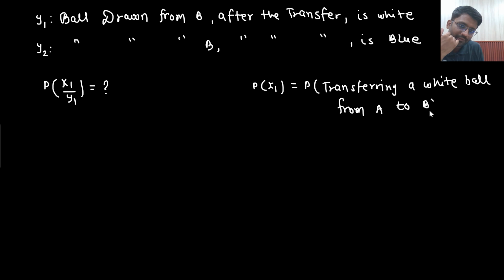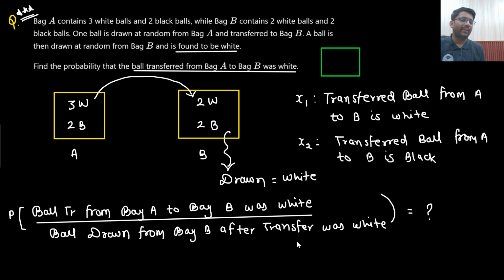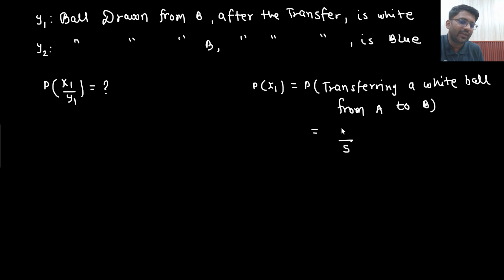Say yes or no. How many total balls are there? 5 balls are there. Out of them, how many are white? That is 3 by 5. So the probability of transferring a white ball from A to B is 3 by 5.